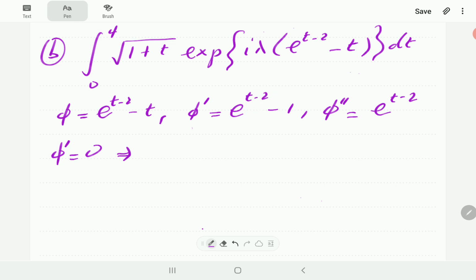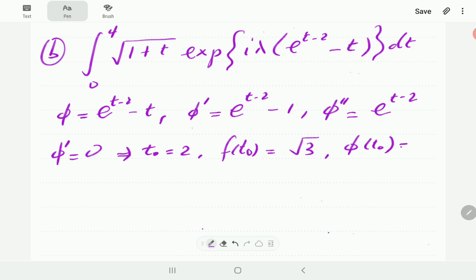The exponent is going to be 0 if t is equal to 2. So that means our t naught is going to be 2, which is in the interval of integration, so that's fine. So f of t naught is going to be square root of 1 plus 2, square root 3.